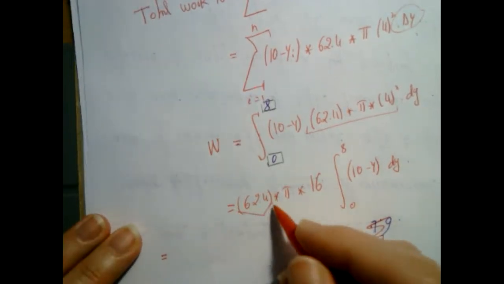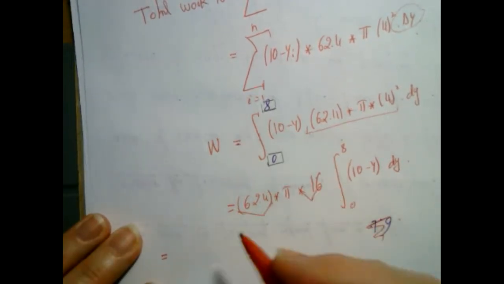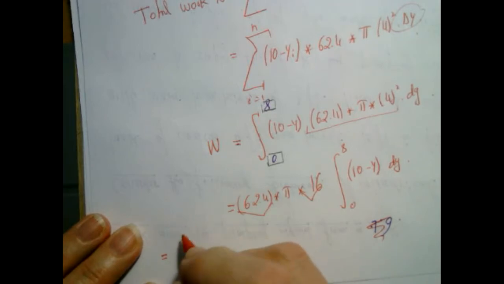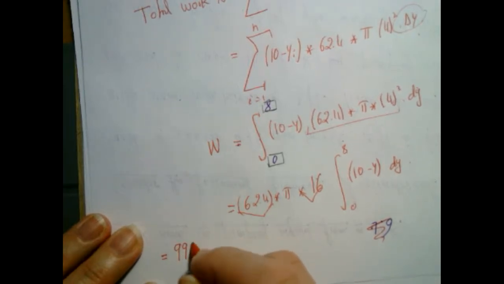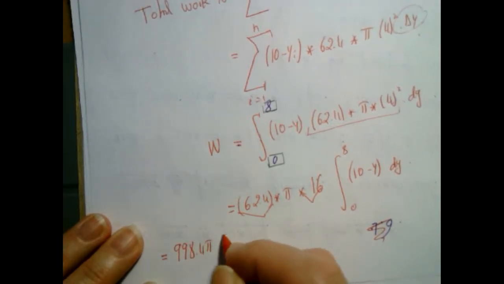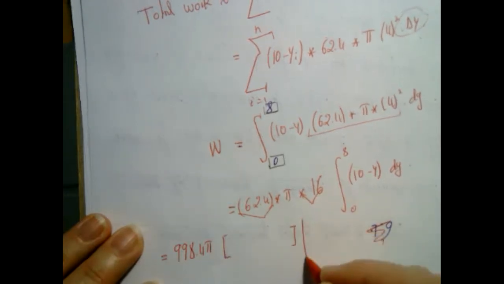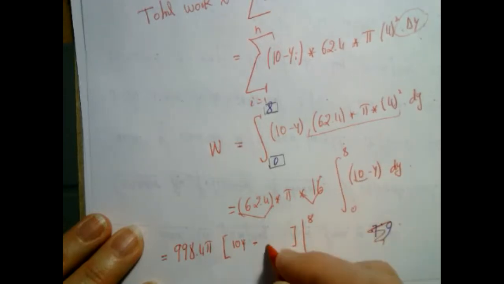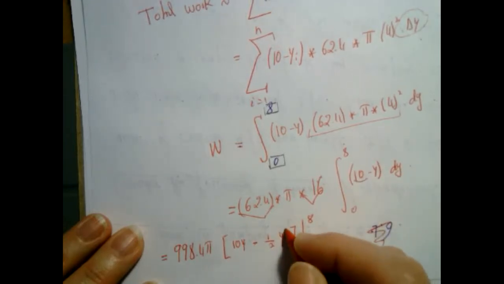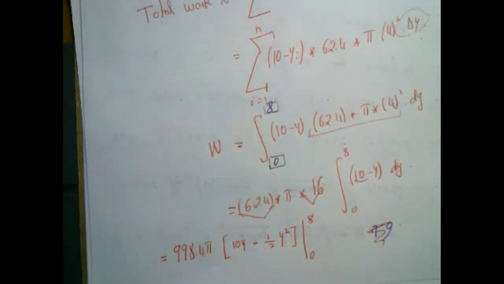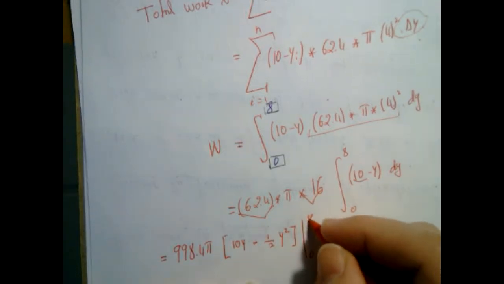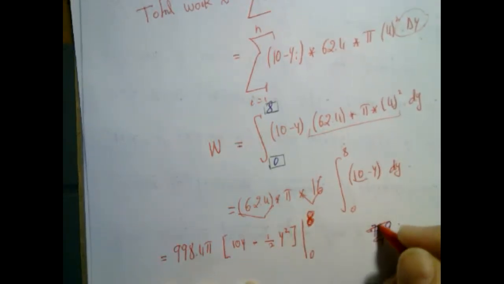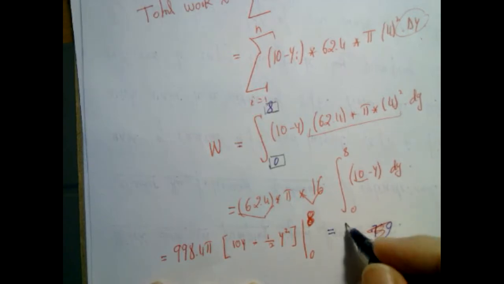If you multiply this by this, I don't need to, but I do. I think I get that much. And then that's the piece. So between 0 and 8, I get 10y, the antiderivative, minus a half y squared, evaluated at 8, at 8, at 8.